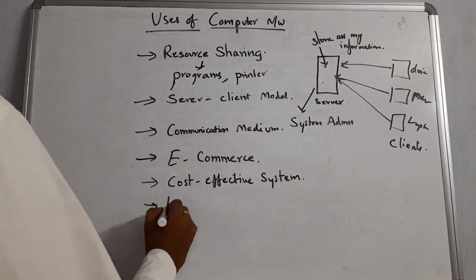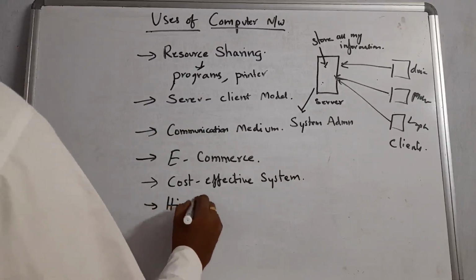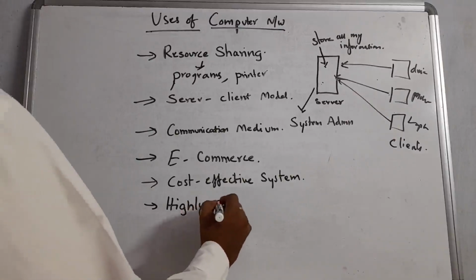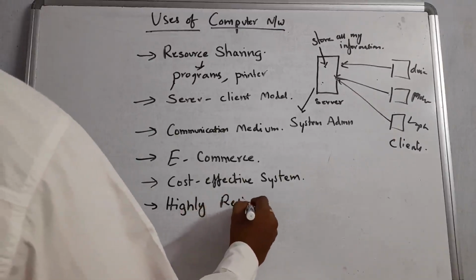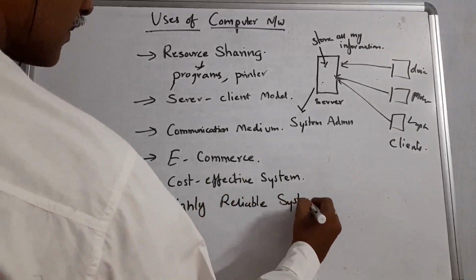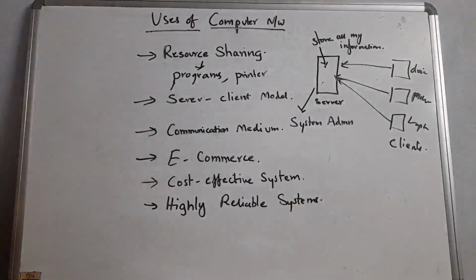Next very important is highly reliable systems. Computer networks allow systems to be distributed in nature, by virtue of which the data is stored in multiple sources.